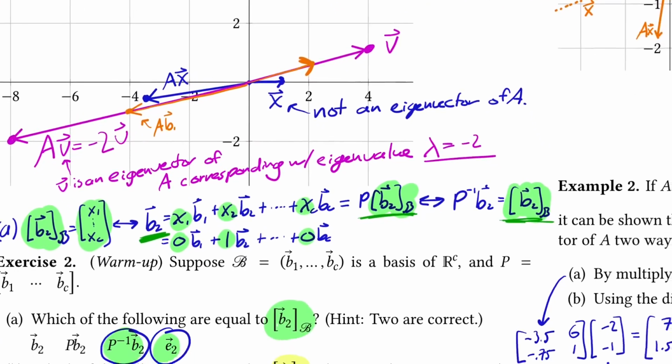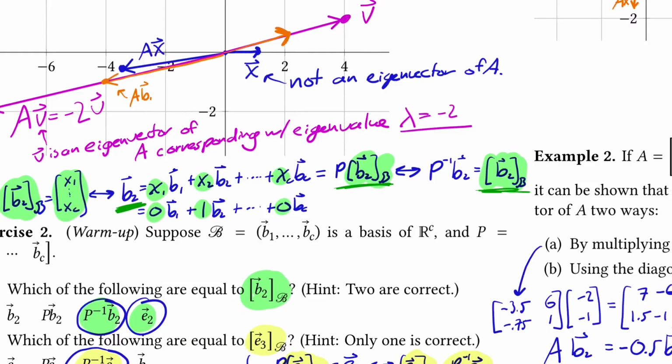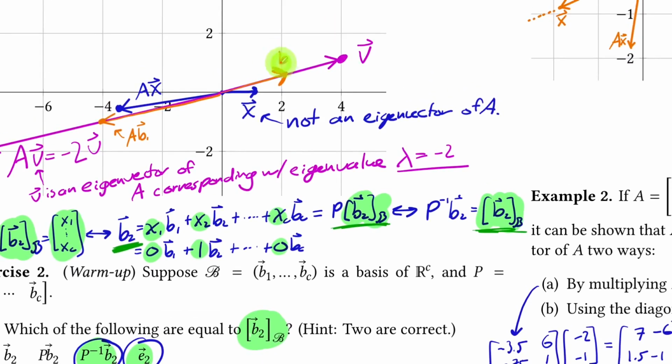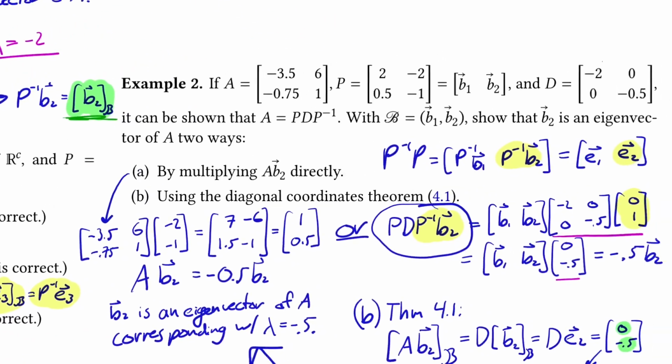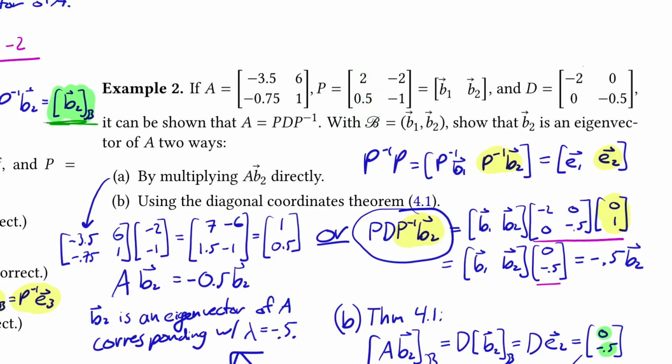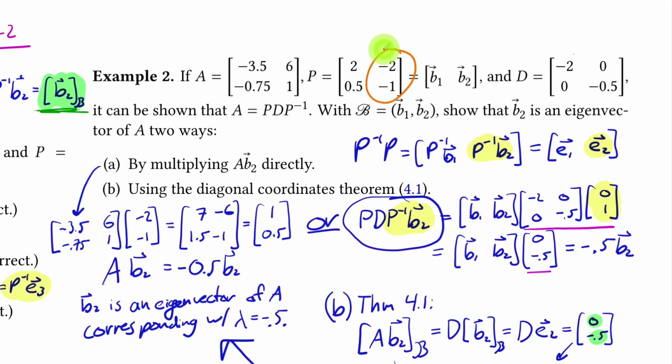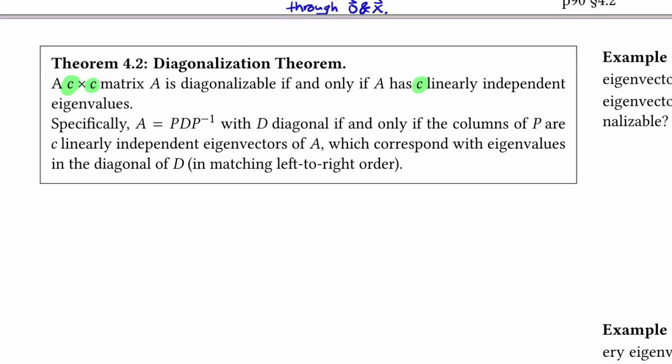So that's also going to be on the line through b1 and the origin. And so that is an eigenvector that corresponds with -2 as its eigenvalue. And we already showed that b2 is an eigenvector that corresponds with eigenvalue -0.5. So the second vector in P corresponds with the second diagonal entry in D. That's what this says.